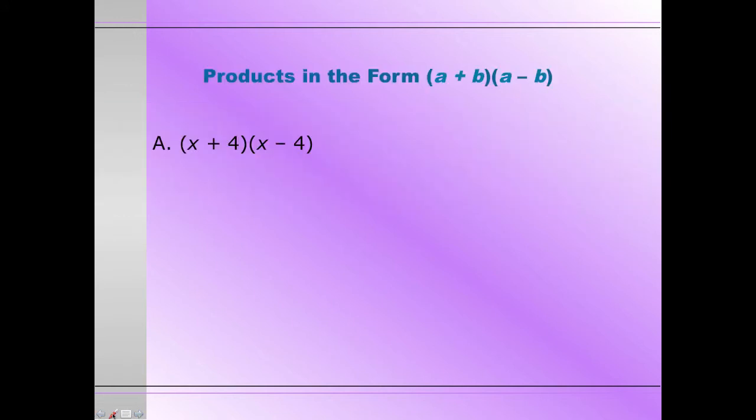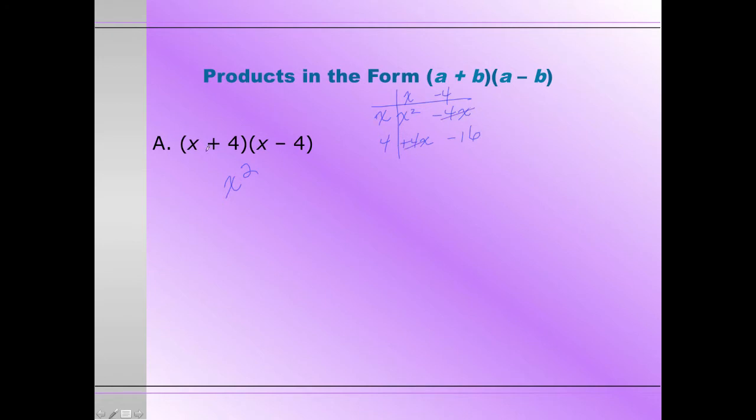All right, so now I've got one more situation. Notice this is x plus 4, and then I have an x minus 4. Well, what's going to happen? Again, I could box method or FOIL this. I went ahead and did this as a box method. I've got an x squared term, so my first term is squared, but then I've got a negative 4x and a positive 4x, which are going to cancel each other out.